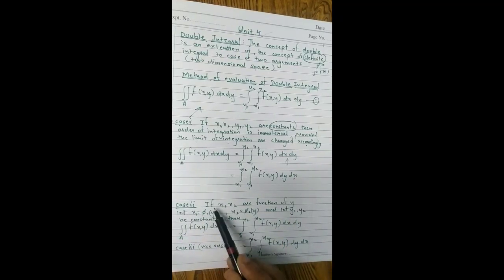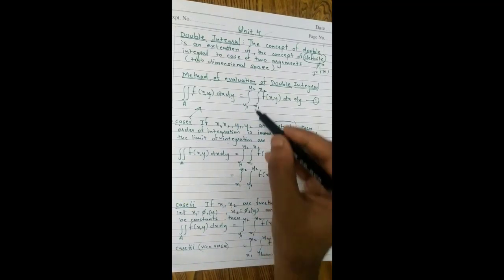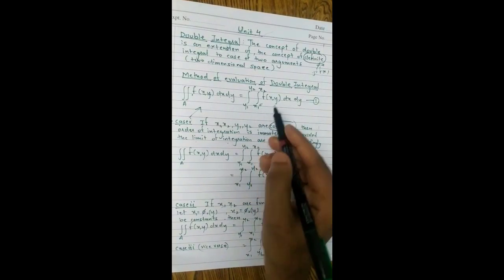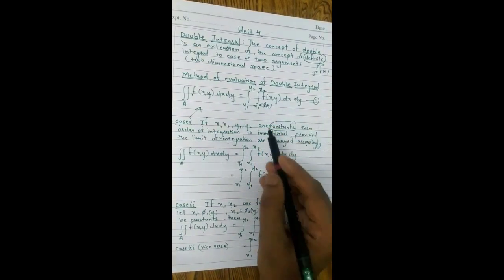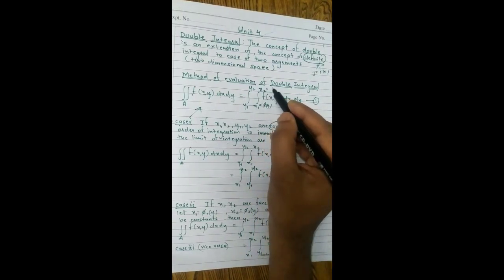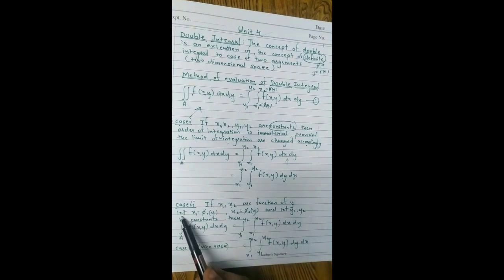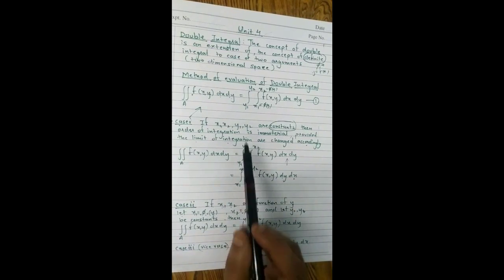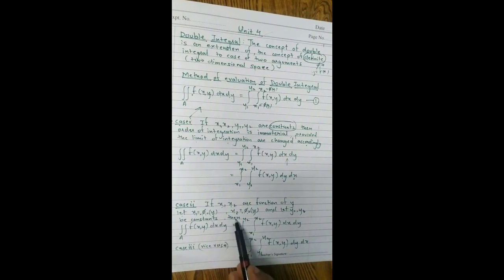Now in case 2, suppose x1, x2 are functions of y, that is, the lower limit x1 is some function of y, and the upper limit is also in terms of y. Let us consider x1 equal to phi1 of y, x2 equal to phi2 of y, and let y1 and y2 be constants. Then how do you evaluate this double integral over the region A, f of x, y dx dy?